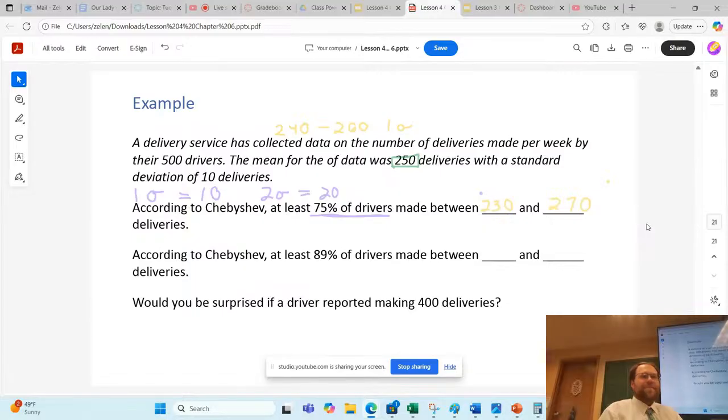If one standard deviation is 10, but the theorem can go by 2, you have to go by 20. So you subtract 20 from 250, and add 20 to 250. That way you get your lowest range and your highest.